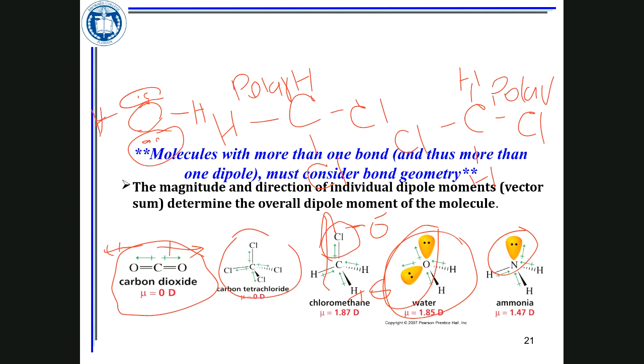If the central atom has pairs of unshared electrons, because pairs of unshared electrons are not written in the structure of the molecule, your molecule definitely is going to be polar.